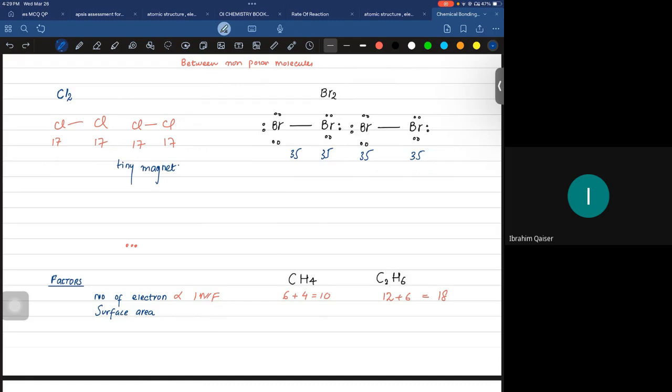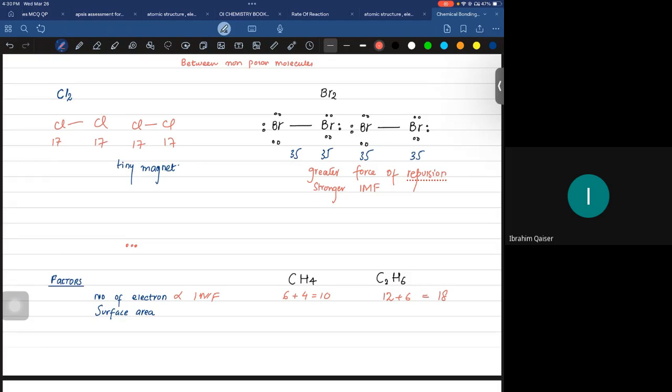They are having the same induced dipole, but it's stronger. The strength of intermolecular force would be stronger due to the greater force of repulsion. That's why I was saying more electrons means stronger IMF, fewer electrons means weaker IMF.